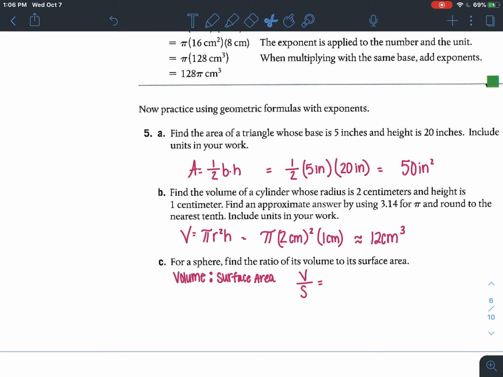And then from there, I'm going to plug in the actual formulas. So volume of a sphere is 4/3 pi r cubed. Surface area of a sphere is 4 pi r squared. Now I'm going to reduce.